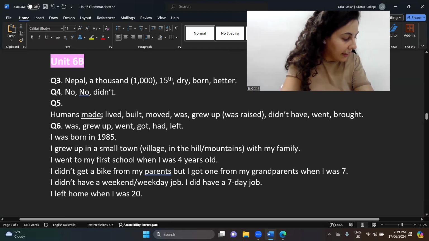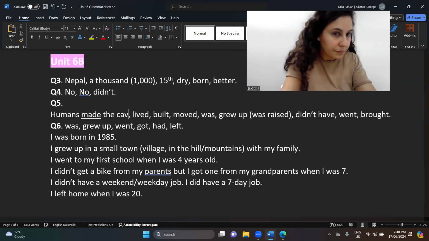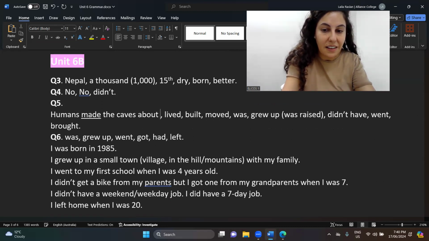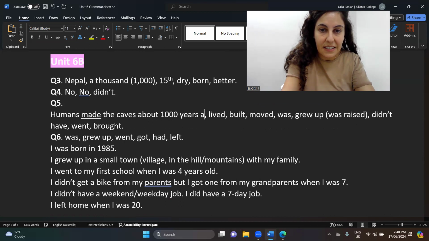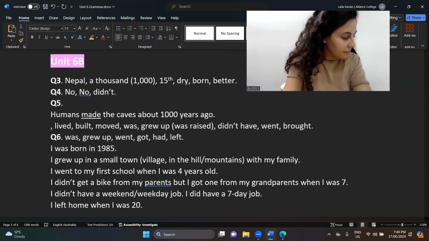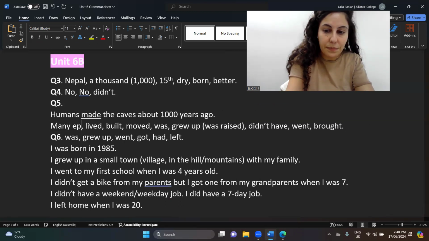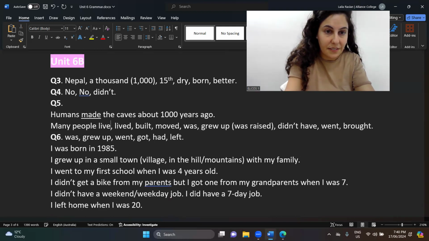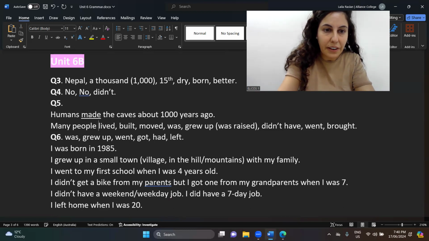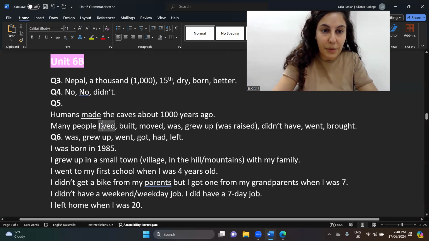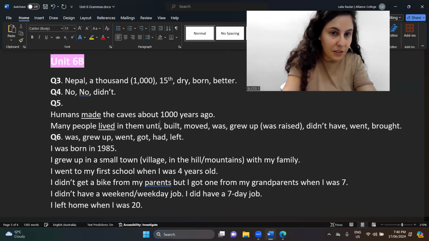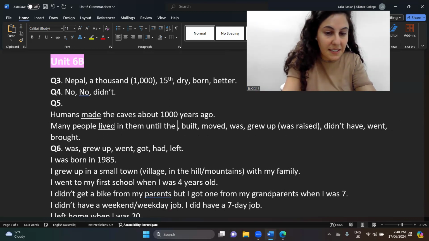So humans made the caves about 1,000 years ago. Many people lived. Okay, so this is a regular verb. It just has the ed. So many people lived in them until the 15th century.